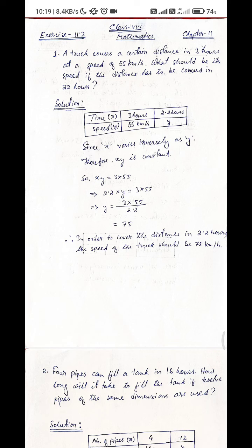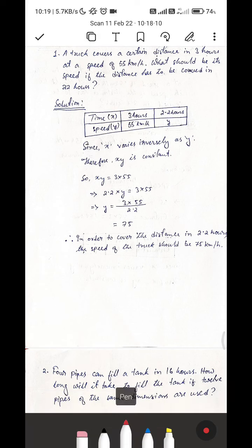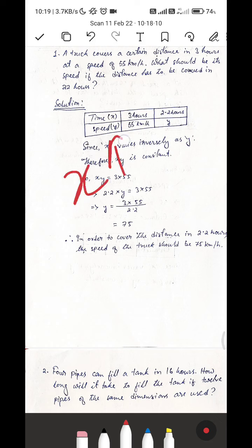Now there is a difference between the exercise questions of 11.1 and 11.2, and the only difference is the variation. Just understand this example. In previous questions, an increase in one variable, that is an increase in x, also caused an increase in y. Take the example that you are purchasing some pens.